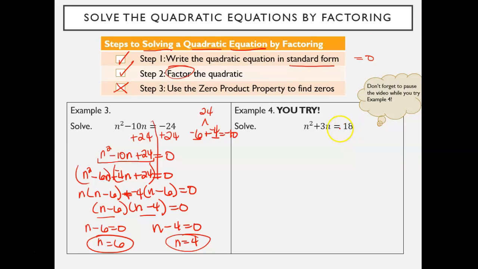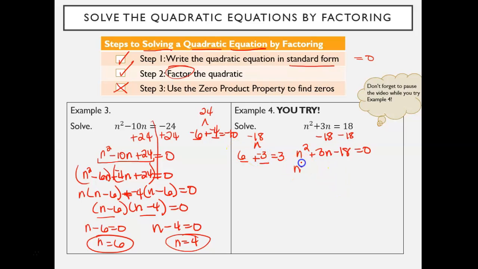Welcome back. You should have started by getting this in standard form by subtracting 18 from each side. So then you should have n squared plus 3n minus 18 equals 0. That's writing it in standard form. Now we're ready to factor. I'm looking for two numbers that multiply to be negative 18 and add to be 3. That becomes 6 and negative 3.